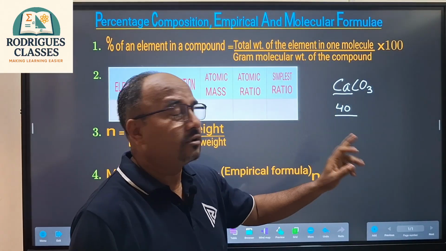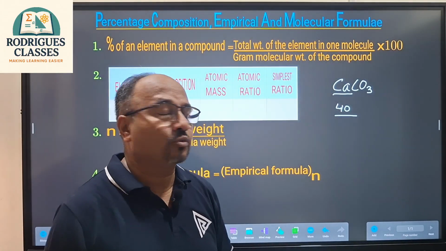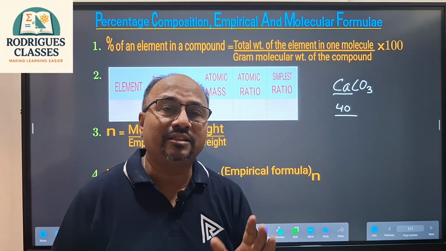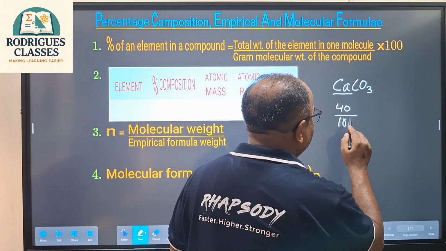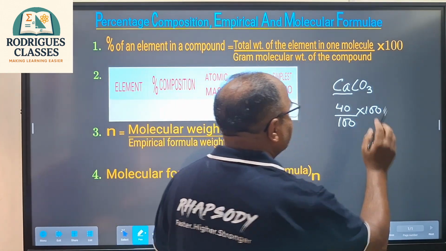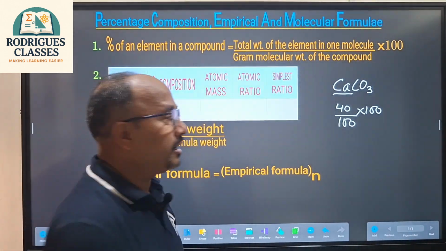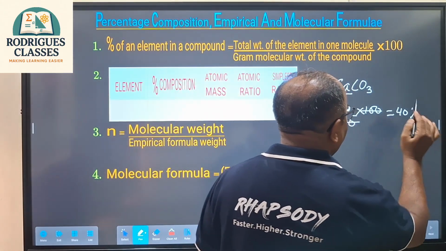For calcium it is 40, for carbon it is 12, and oxygen 16, 3 is a 48. You add it up, you will get 100 gram, and because you have to find in percentage, you will be multiplying with 100 and this will come as 40%.